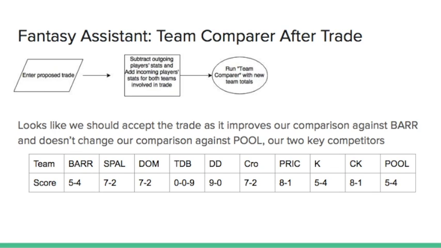If you remember, it was 4-5 last time, so he was on average projected to beat us 5-4. Now after this trade, on average, we'll probably beat him 5-4. And another important thing is that it didn't hurt us when we play Team Pula, who's our other key opponent that we've chosen. It was 5-4 before with him, and it will still be 5-4 after the trade.